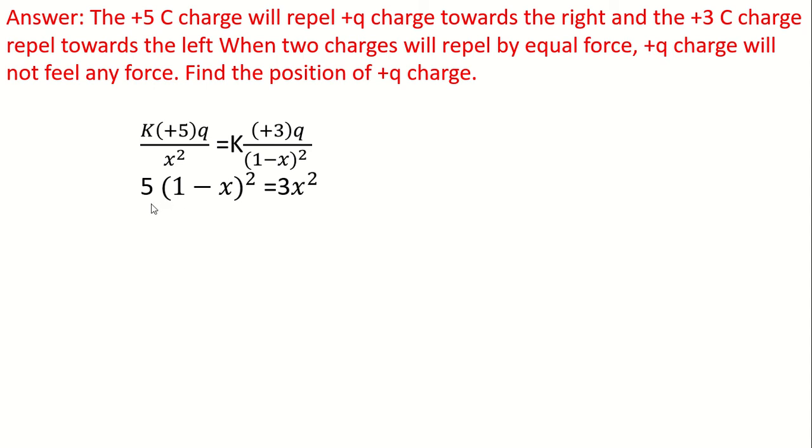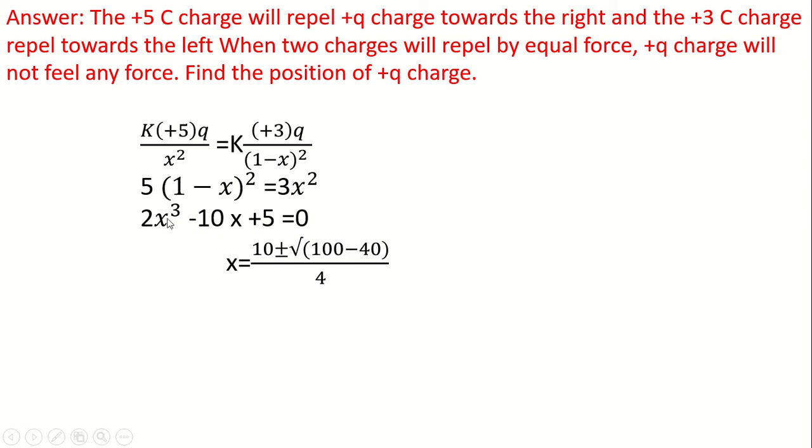Then remains 5 into 1 minus x whole square equal to 3x square. By calculating, we can get 2x square minus 10x plus 5 equal to 0.